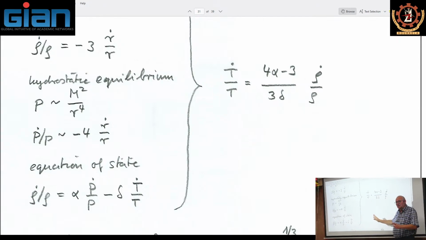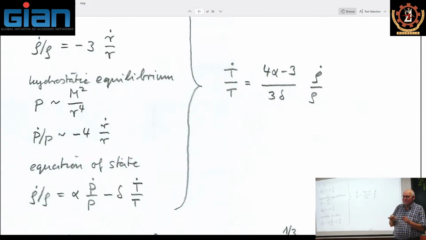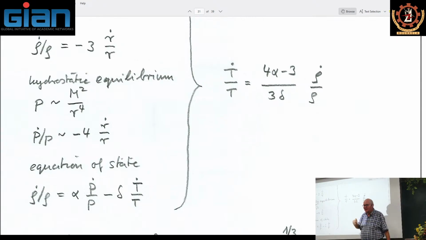Usually we have an increase of temperature with density, but this may change sign once alpha is 3/4, and we have seen alpha changes from 1 to 3/5, so it passes 3/4, so it becomes smaller, and this leads to the fact that T dot over T becomes negative, so that the temperature decreases with increasing density.